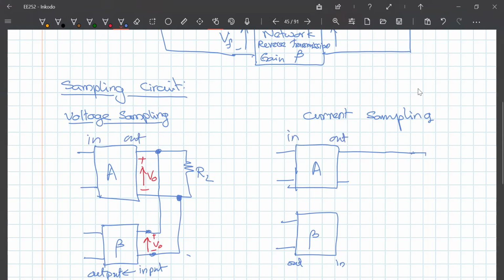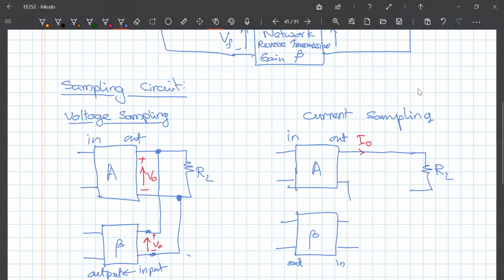And you have a load. This is the load RL. So the current is what we are interested in this case. So the current I out goes to the load. Now I want a sample of that. In order to obtain a sample of that, what do I do? I have to take a series.